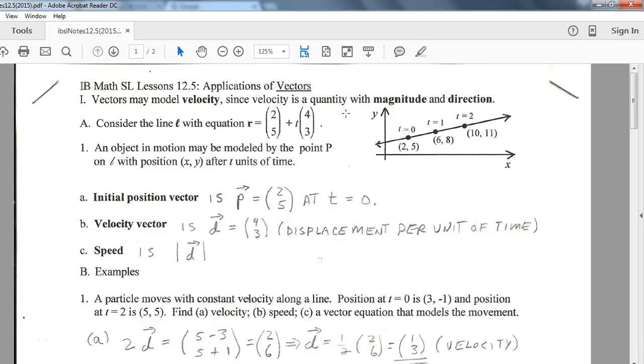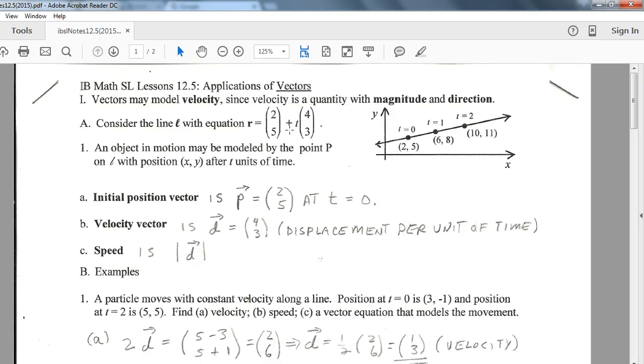All right, getting into the last lesson here in chapter 12 on vectors. We're now looking at the real life application of vectors. One thing I want you to come back to and remember that we mentioned in an earlier video is the relationship between the equation of a vector and the regular equation of a line that you've dealt with in the past, in y equals mx plus b format.